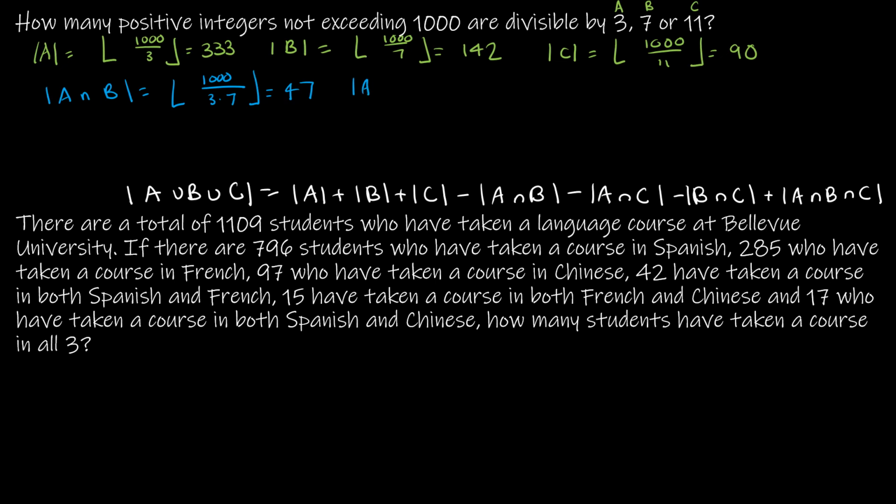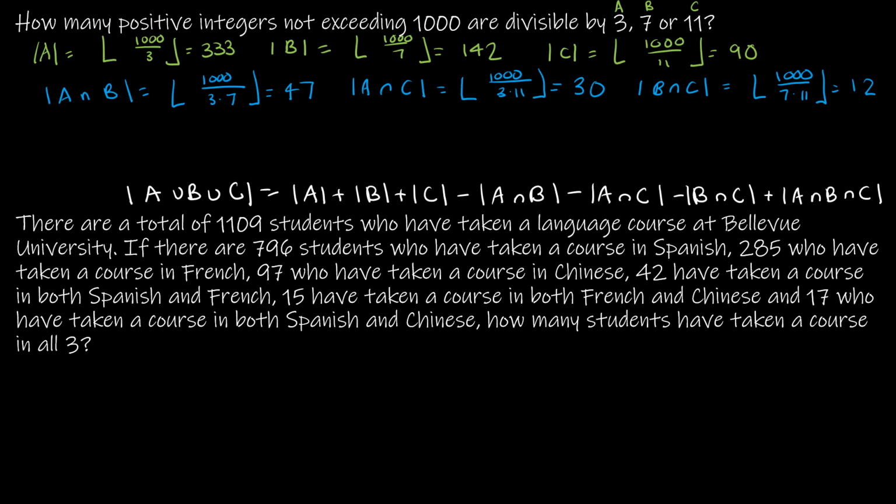A intersect C, oops. The cardinality of A intersect C is the floor function of 1,000 divided by 3 times 11, or 33, and that gives us 30. And the cardinality of B intersect C is the floor function of 1,000 divided by 7 times 11, or 77, which is 12.